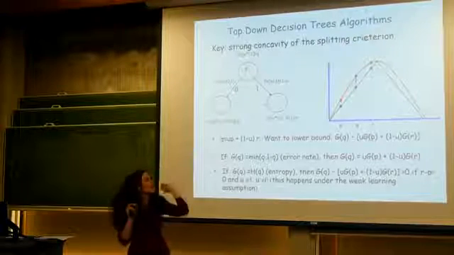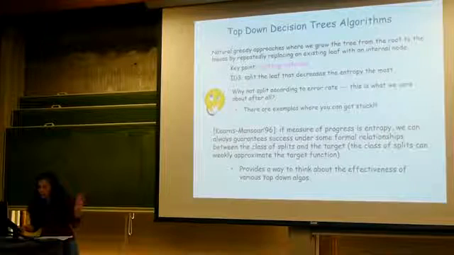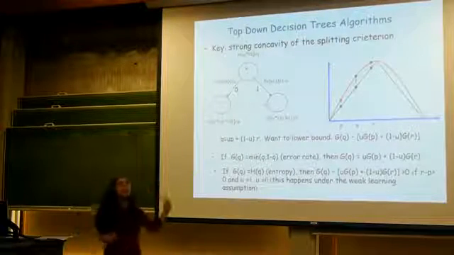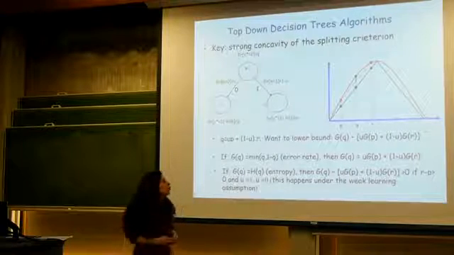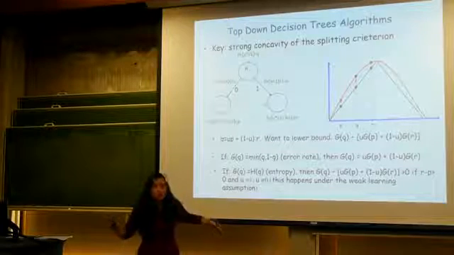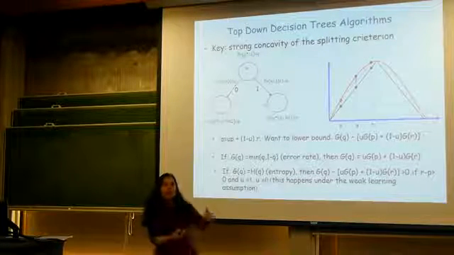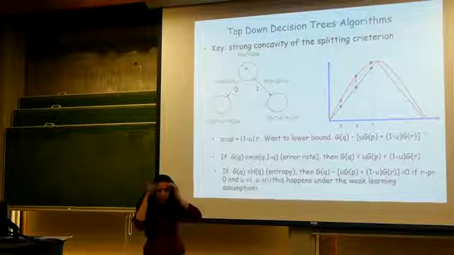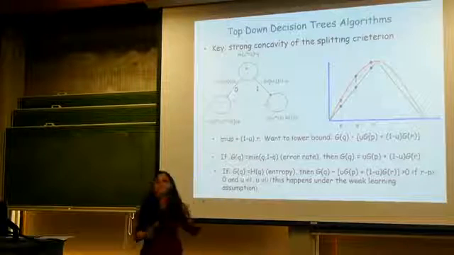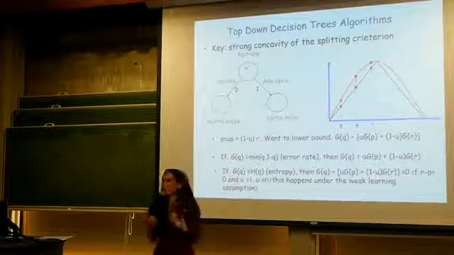Just one sentence: the key insight in this formal work is very easy to describe, and it all boils down to the fact that entropy is a strongly concave function, as opposed to the error rate, which is kind of a linear function. This turns out to be crucial in order to guarantee that we'll always be able to find a good leaf to split if the weak learning assumption is satisfied. Again, this is a bit advanced, but please come and talk to me if you're curious.